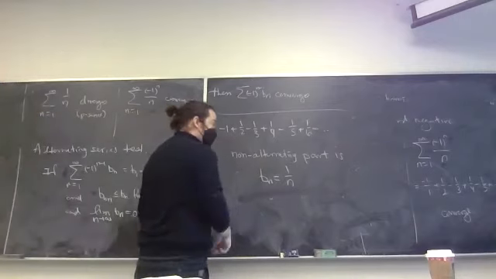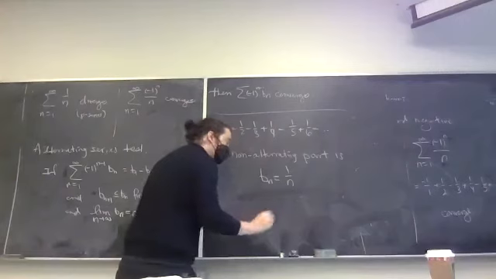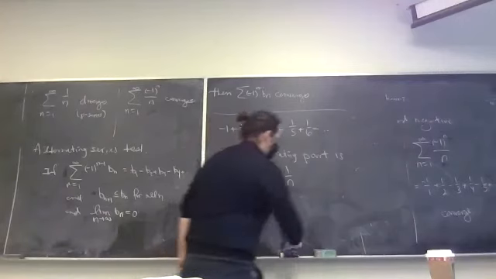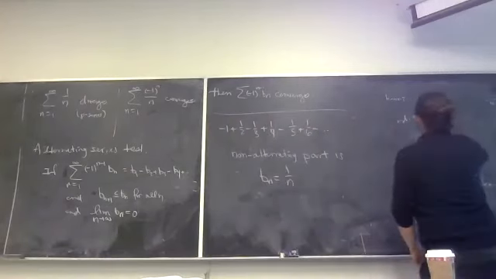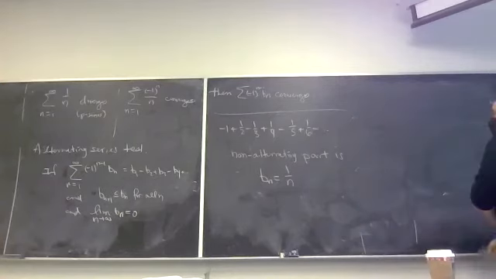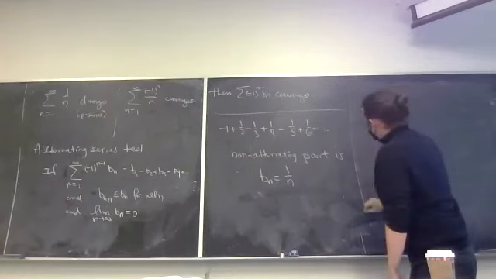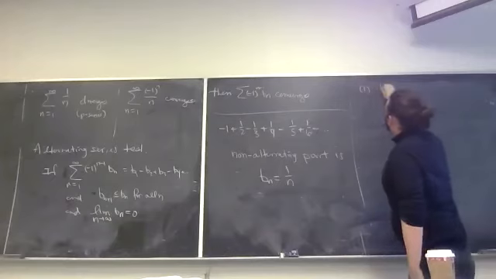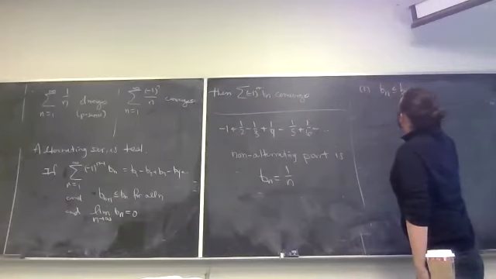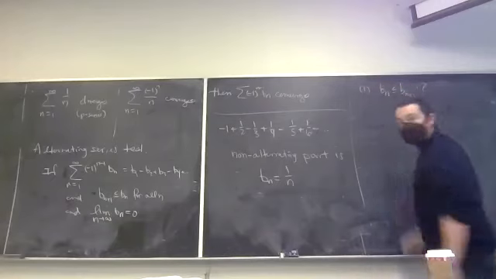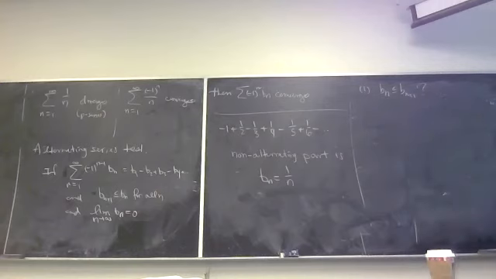So this is the non-alternating part. Is it the case? We'll test it now. So first, is b(n+1) less than or equal to b(n)? This requires algebra. You have to show the sequence is decreasing.